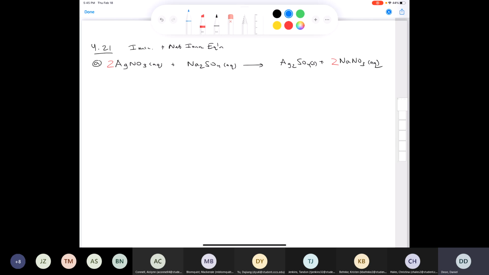Now we're going to write out our ionic equation. Sometimes we call this the total ionic equation, right? That's what I called it in class and lecture. So let me just move that over, and we'll call it the total ionic equation. Now, can anybody tell me what we are going to break up into its ions here in our total ionic equation?